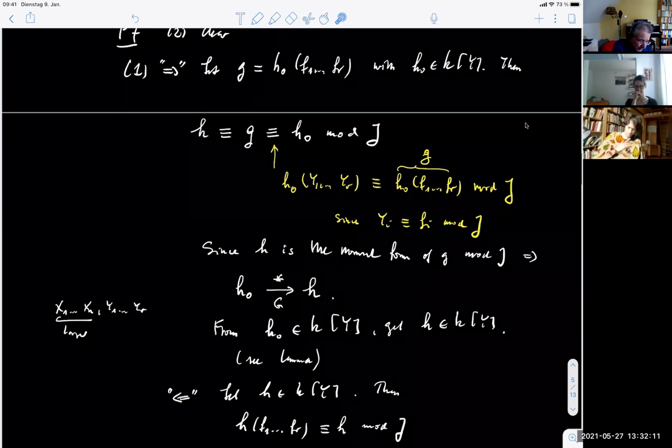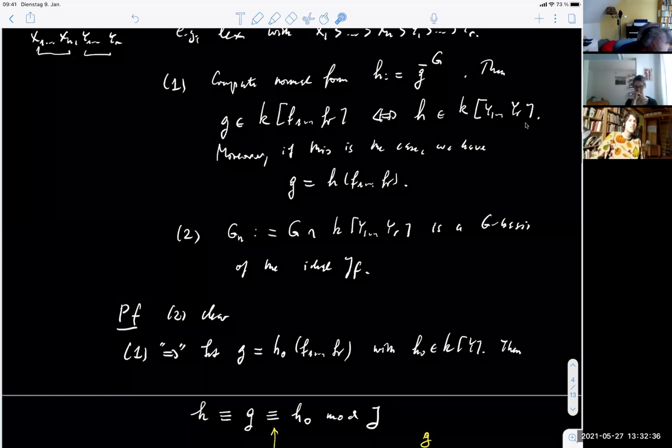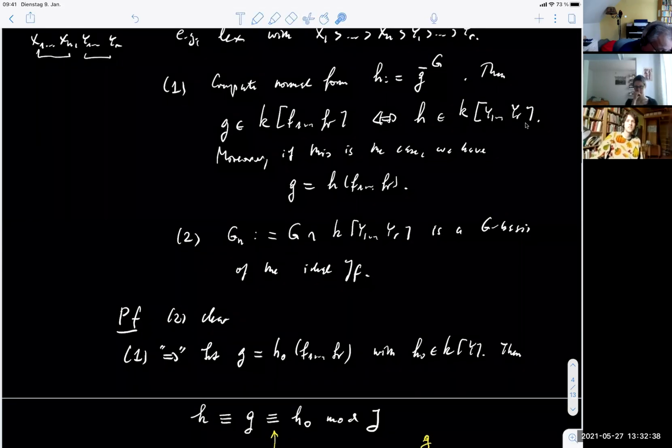Can you tell me exactly which step is unclear? We took some h0, and we started here with this, and we need to show the moreover statement in the proposition. Where is the moreover statement? Aha, I didn't prove this.